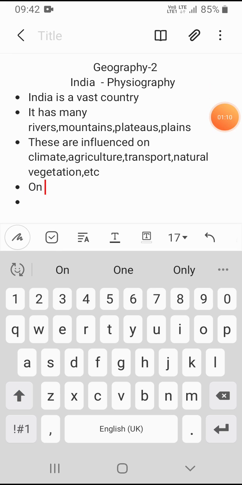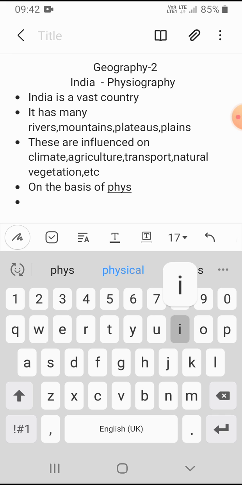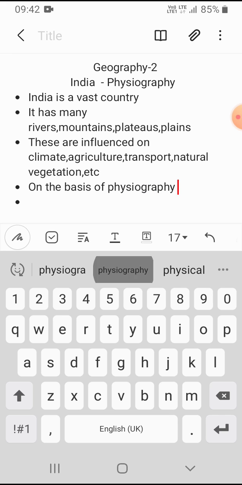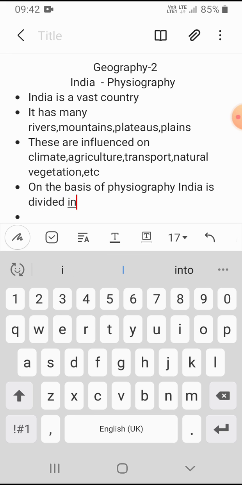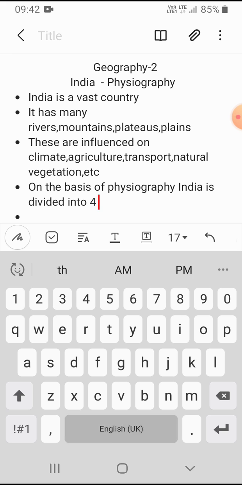On the basis of physiography, India is divided into four parts.